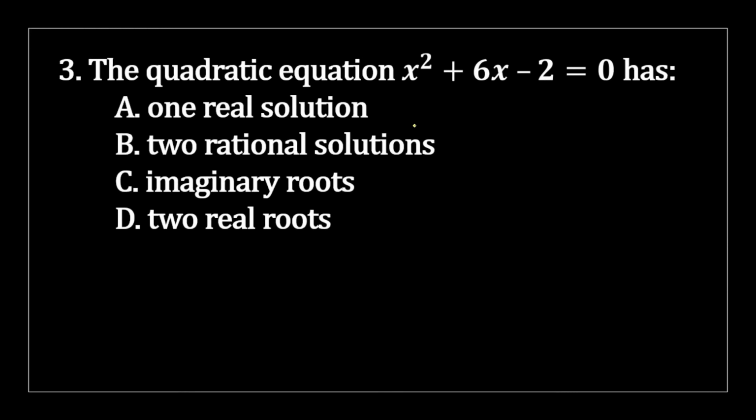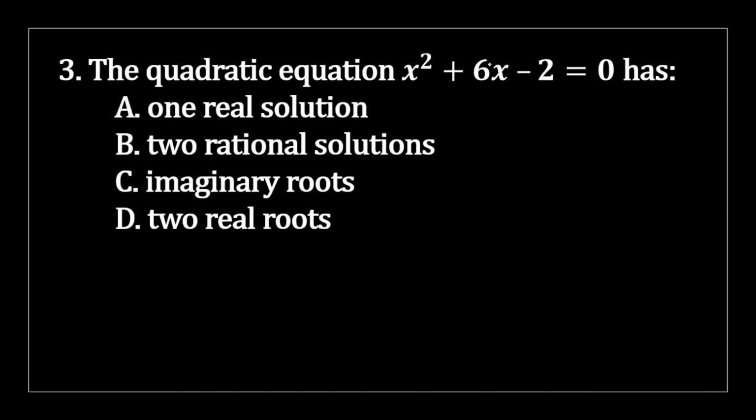The quadratic equation x squared plus 6x minus 2 equals 0 has, okay, now look at the choices. We're going to find the discriminant of the equation, so that we could know the characteristic of its roots.